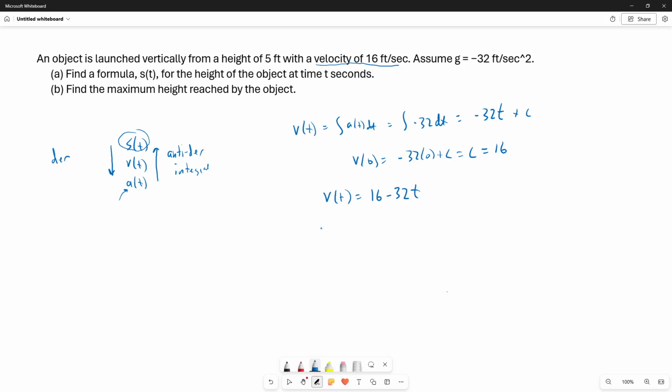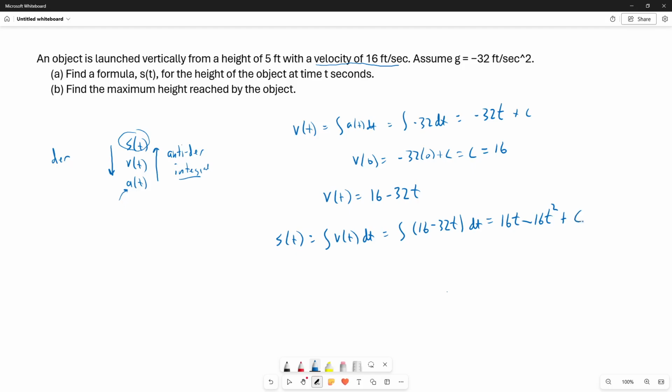Then our position function would be, to go from velocity to position, we integrate. So we do the integral of our velocity function, and that's the integral of 16 minus 32t dt. The antiderivative of 16 is 16t, and the antiderivative of negative 32t is negative 16t squared.